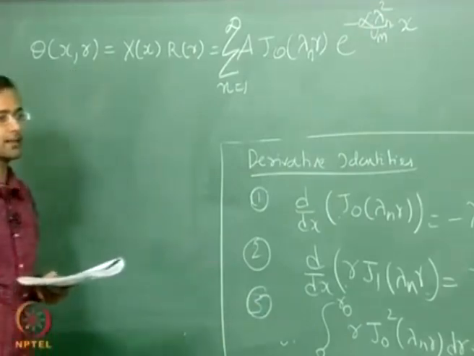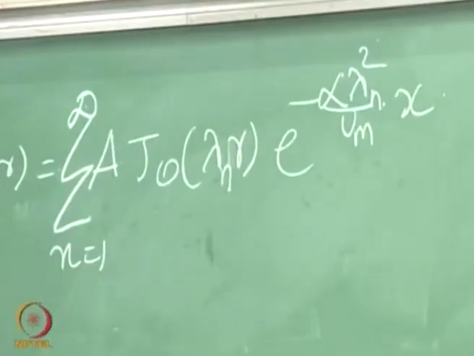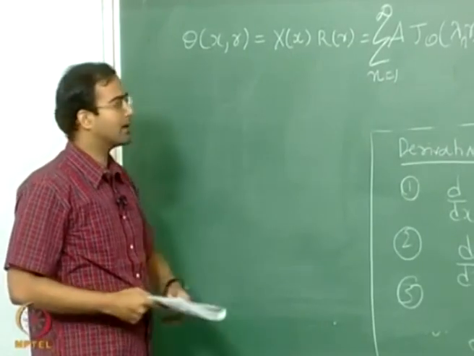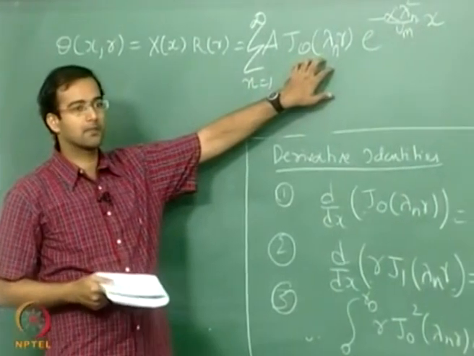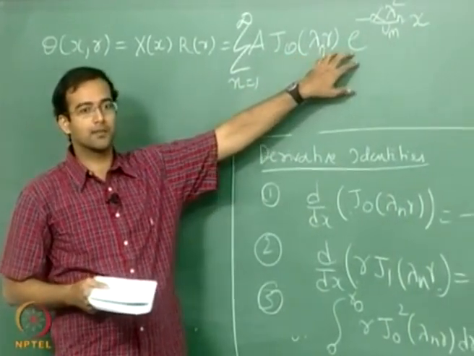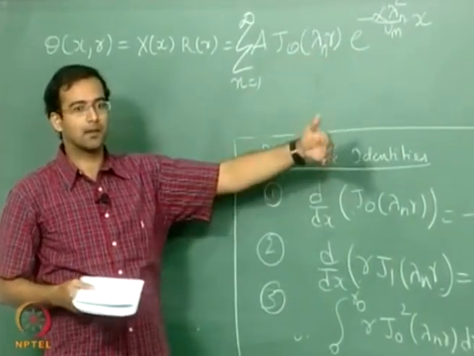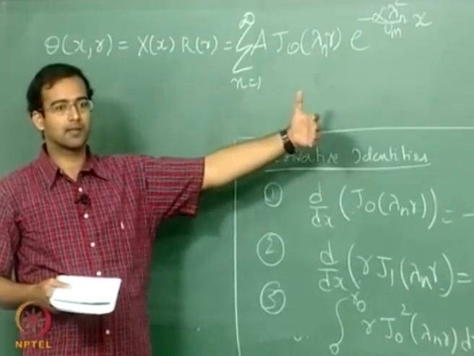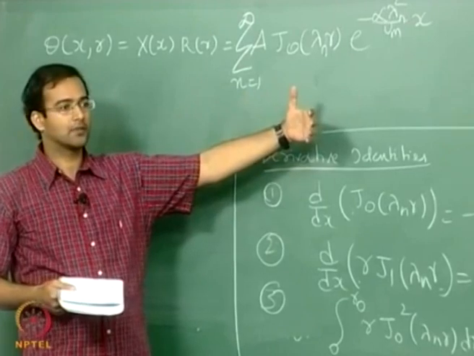So this is your final solution, a linear superposition of all your solutions for different eigenvalues. For each eigenvalue you have a particular Bessel function and a particular exponential term. For each lambda 1, lambda 2, lambda 3, you get all the values, sum them up, and that will give you the final value of theta.